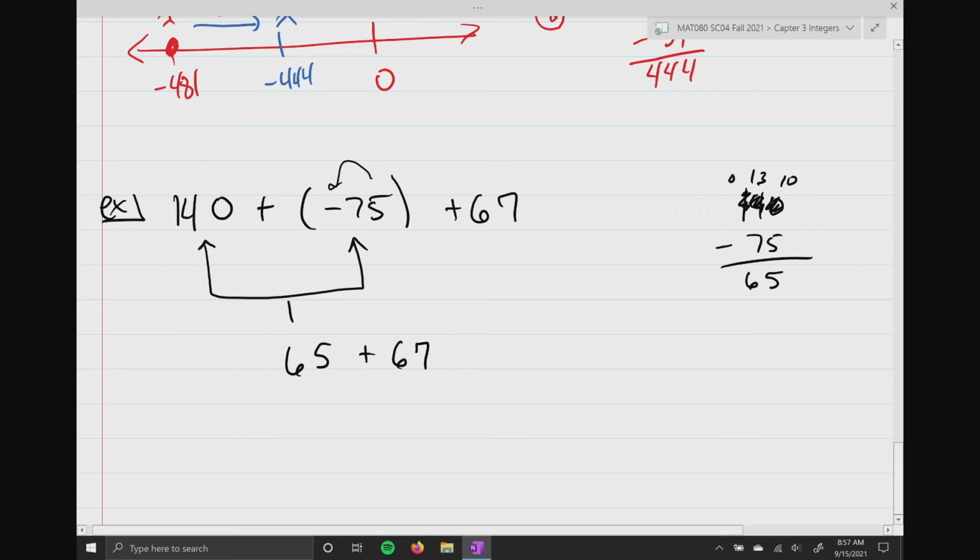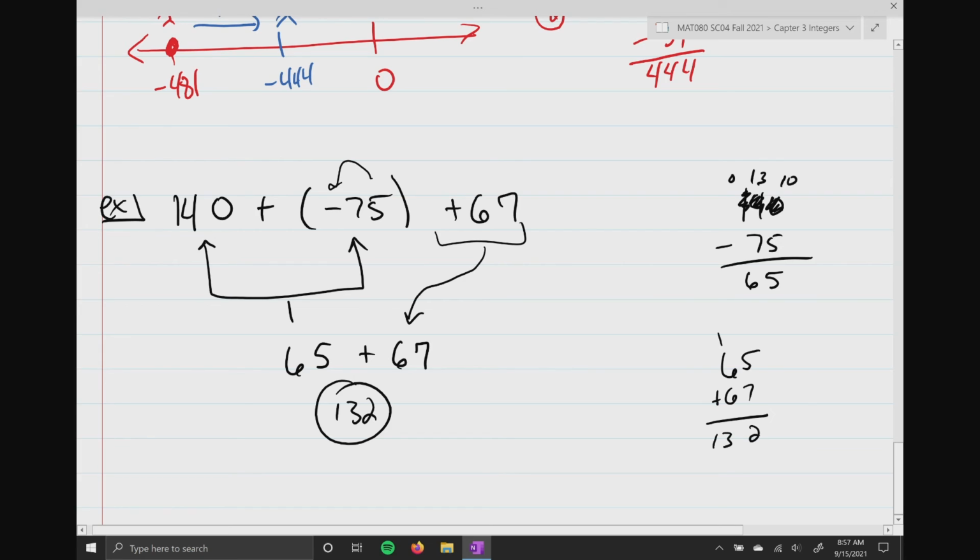And then the plus 67 just comes down. Now, you just take 65 plus 67. We combine them because the signs on the numbers are the same. Add the numbers, keep the sign. 5 plus 7 is 12. Carry the 1. 6 and 6 is 12, plus 1 more is 13.